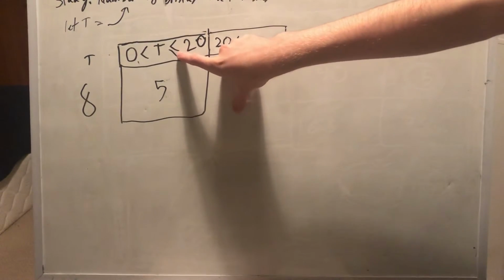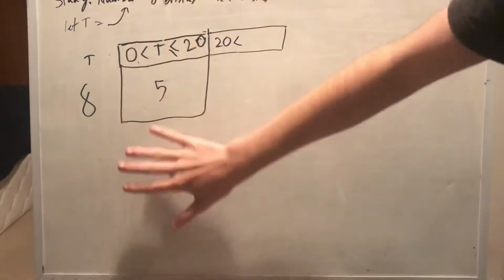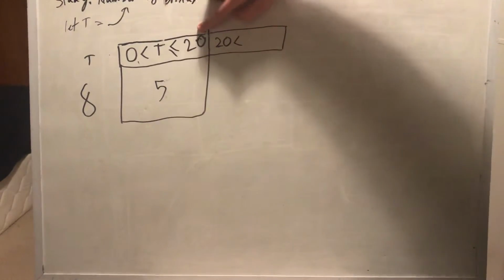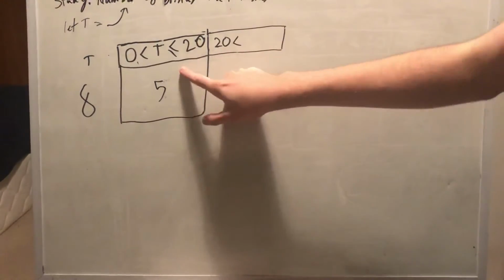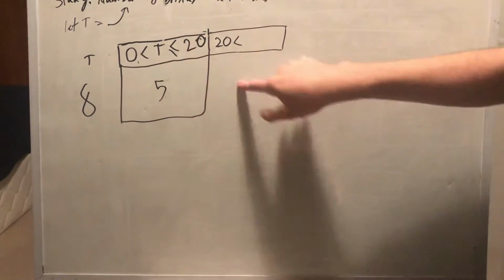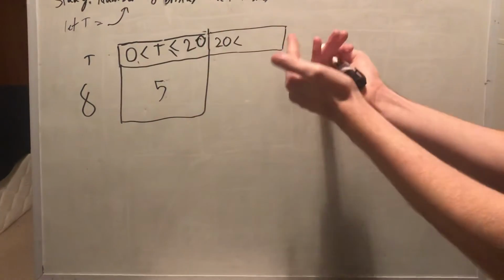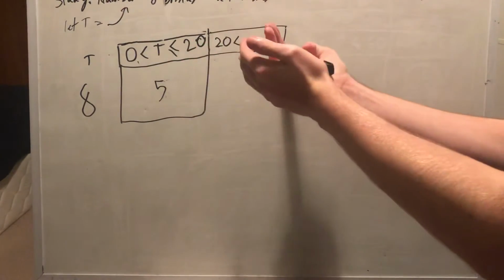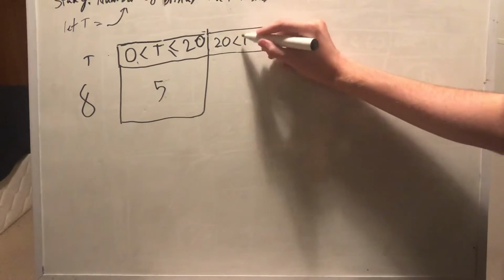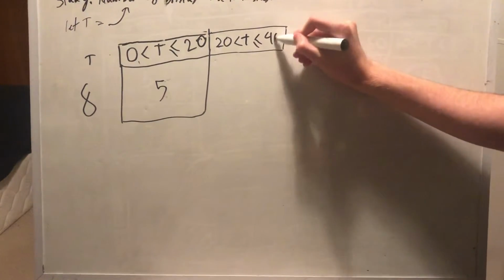Well, a toothbrush could realistically equal 20. We don't want two columns in which 20 exists, because that will double up our data and cause problems. So we know that it's definitely greater than 20, because if there's anything that equals 20, it went into this box. So t is greater than 20 and less than or equal to 40.